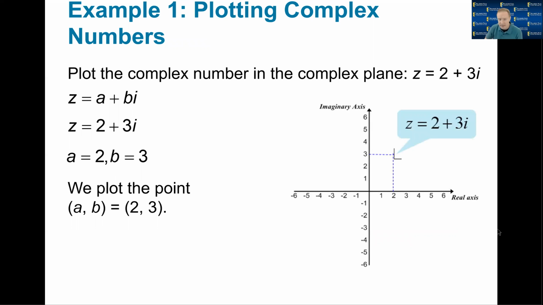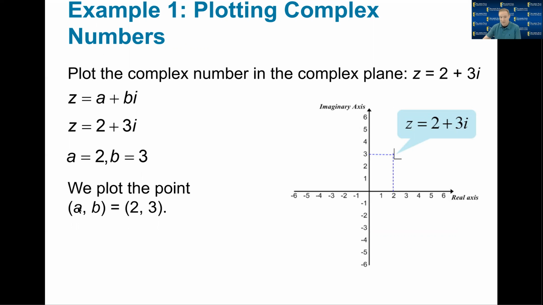Now, let's go ahead and look at an example of plotting a complex number. Let's say I ask you to plot Z is equal to 2 plus 3i. So again, every complex number is comprised of a real number component and imaginary number component. Clearly, the real number component here is 2. The imaginary component coefficient is 3.